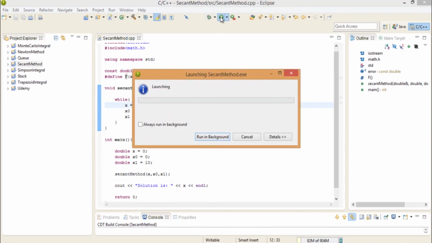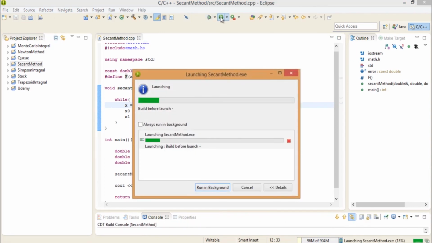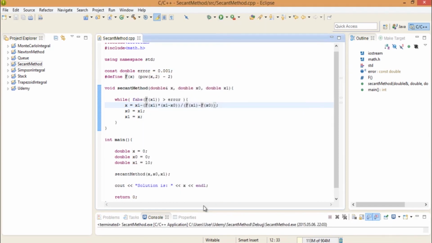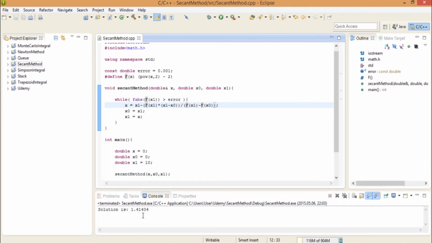Okay, at least I think that was the problem. It's not sure. There was a solution. Okay, so approximately it's working fine.